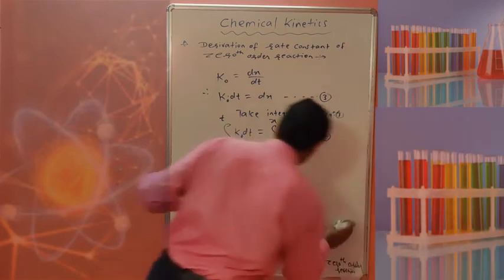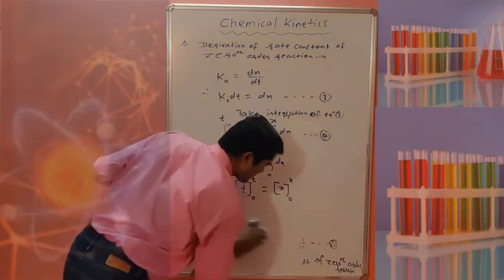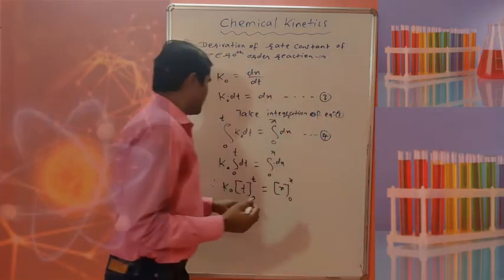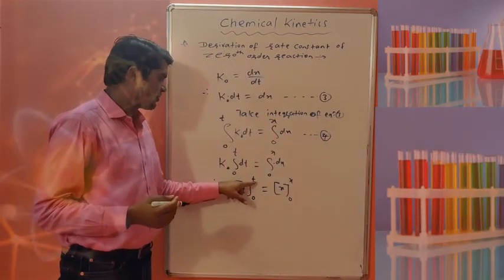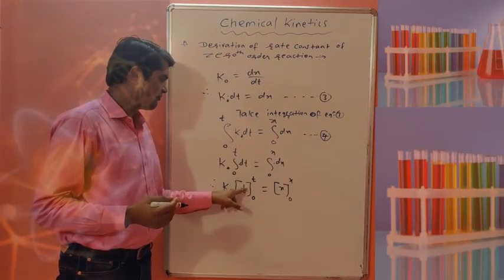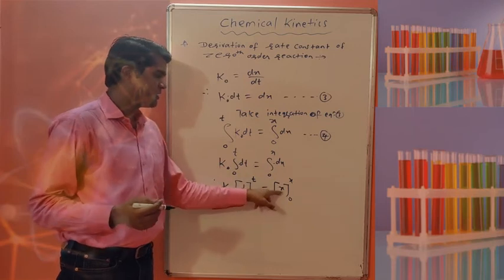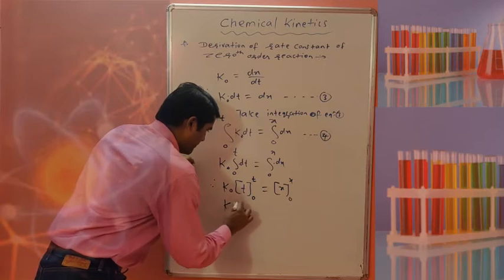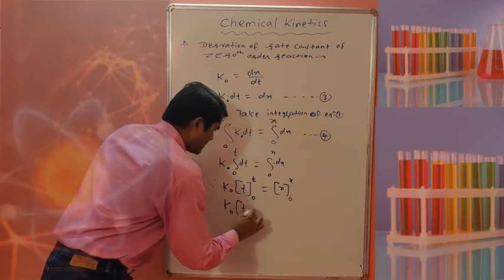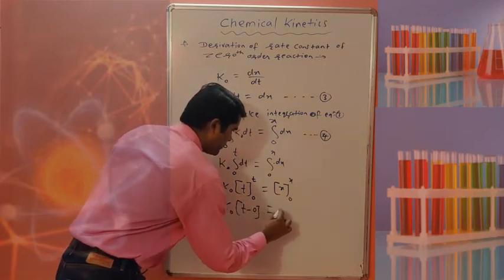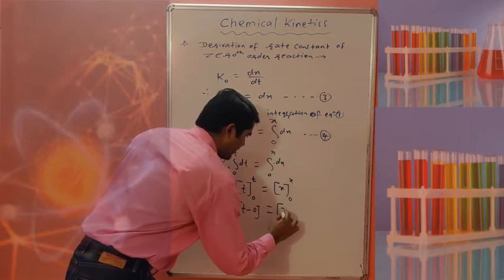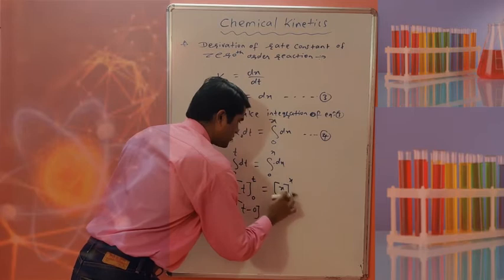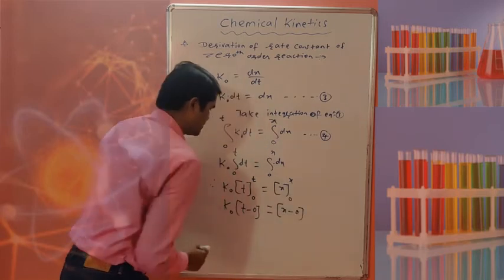And we have to subtract upper limit minus lower limit. Wherever there is t, we have to write the values t and 0, and wherever there is x, values x and 0, and we have to subtract. So upper limit minus lower limit: t minus 0, here x, this x put here, then minus lower limit, instead of x put 0, so x minus 0.